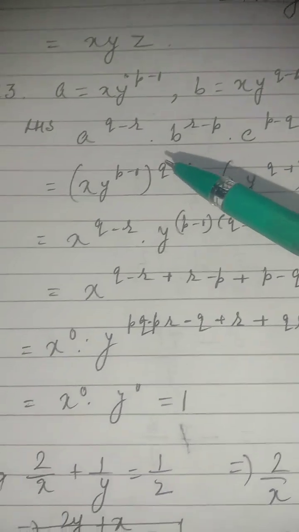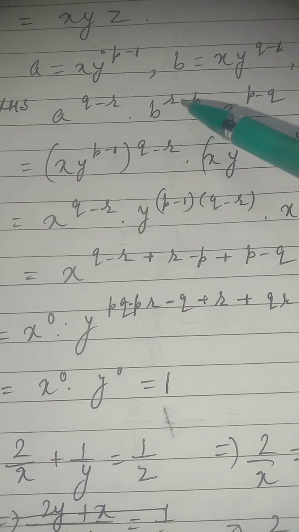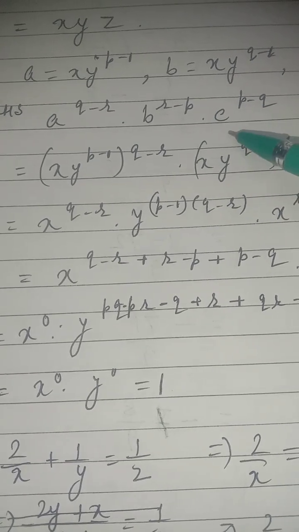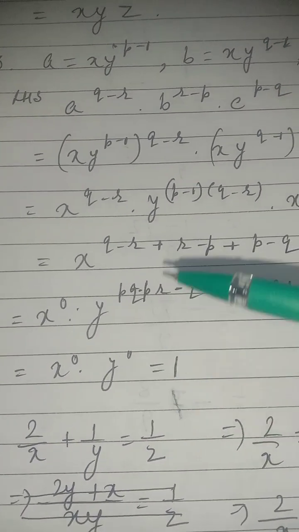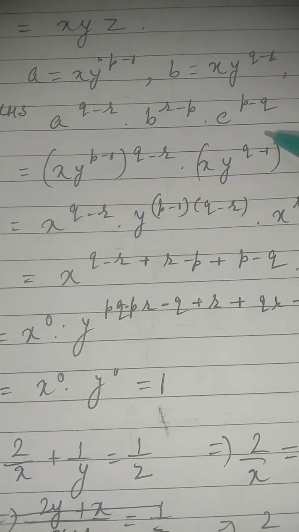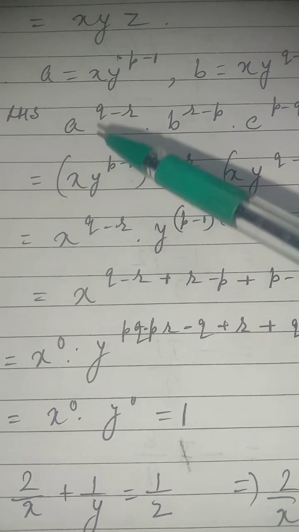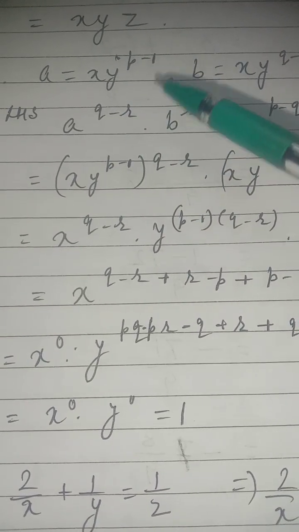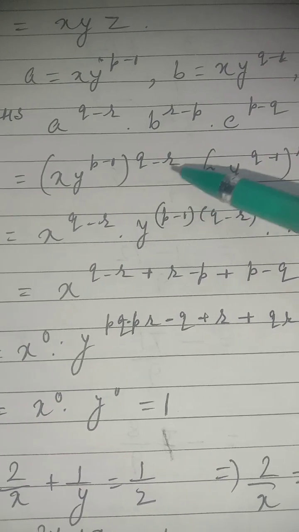Now you have to prove a^(q-r) · b^(r-p) · c^(p-q) = 1. First step, we'll write down the LHS and then put in the value of a. a's value is x y^(p-1), so substitute it with power (q-r).